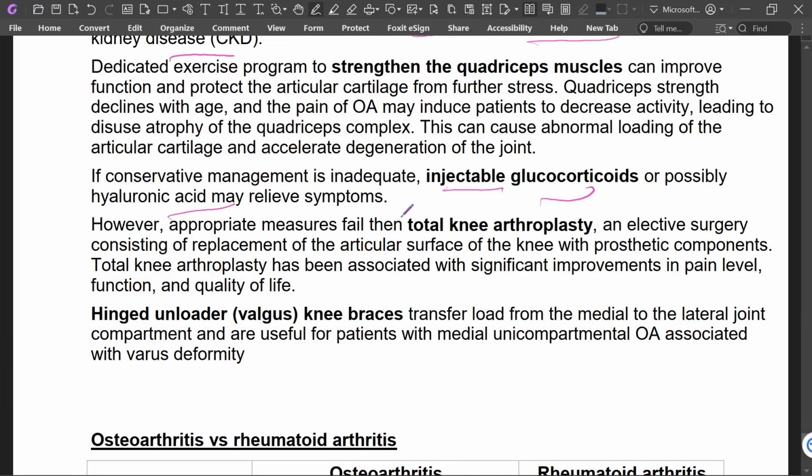If appropriate measures fail, then total knee arthroplasty, an elective surgery consisting of replacement of the articular cartilage of the knee with prosthetic components. Total knee arthroplasty has been associated with improvement in pain level, function, and quality of life.